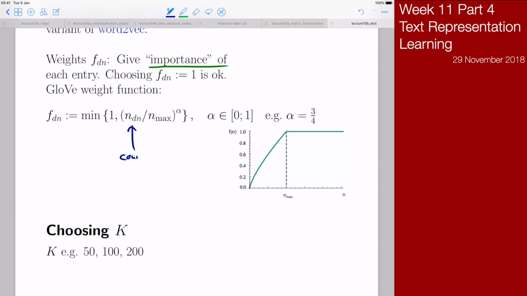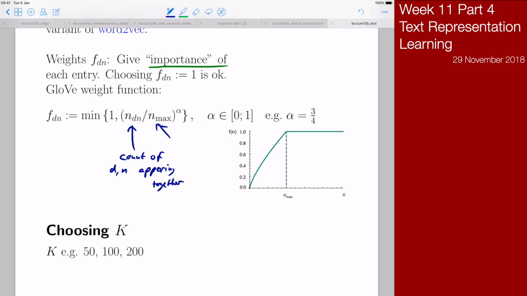count of n and t appearing together. People call this the co-occurrence count. And what they do is they take this relatively with respect to the maximum count, which is here.